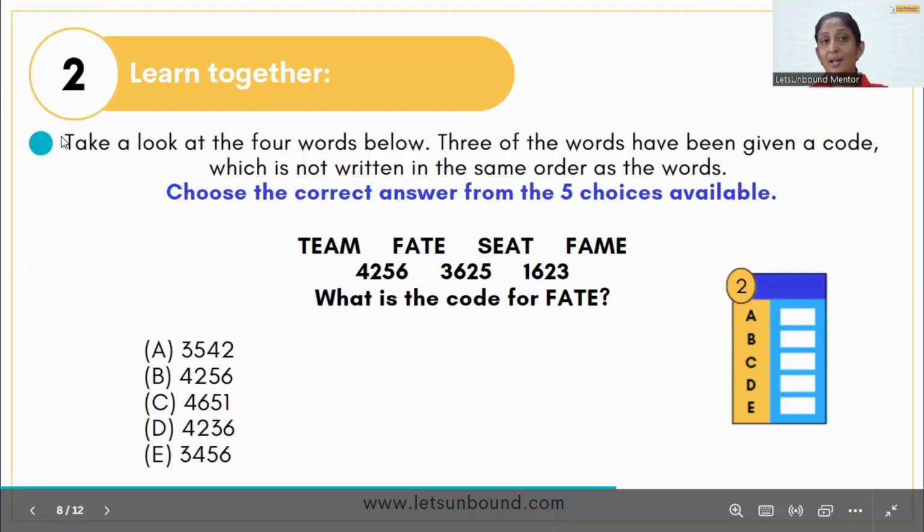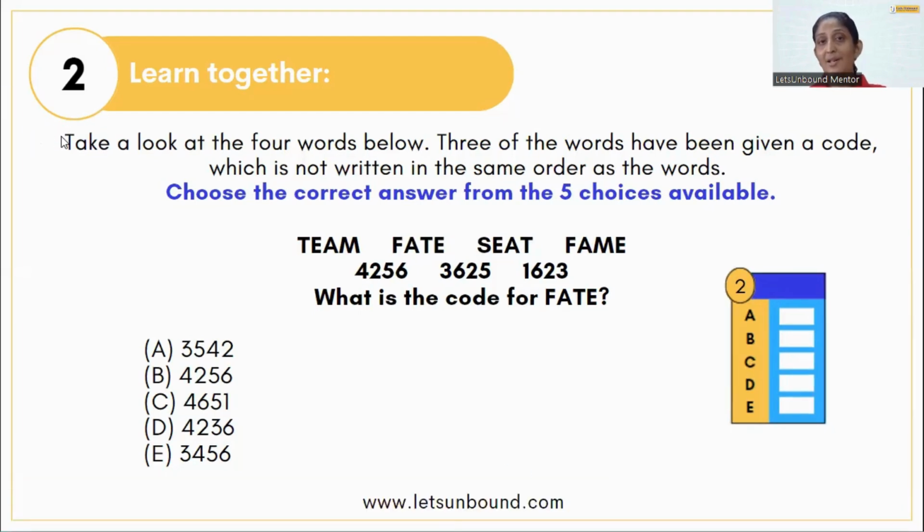Now, if you see here, the words that are given are TEAM, FATE, SEAT, and FAME. And the codes that are given are 4256, 3625, 1623. And we need to find the code for FATE. This FATE is also given in the choices.